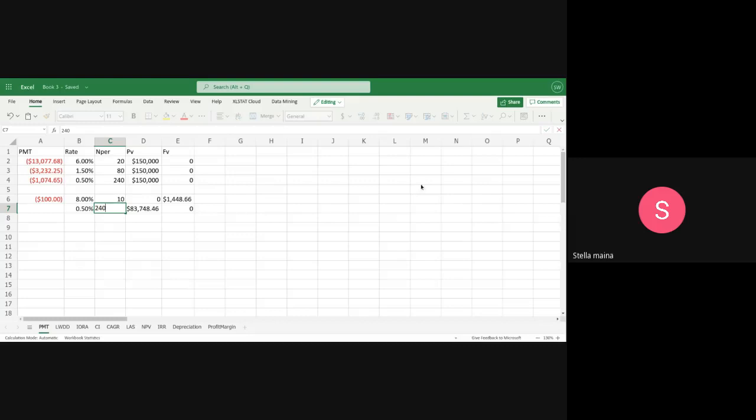So we want to find out how much money we can withdraw monthly so that this present value can get to zero, and do that in a duration of 240 months or 20 years. So same formula, same PMT.